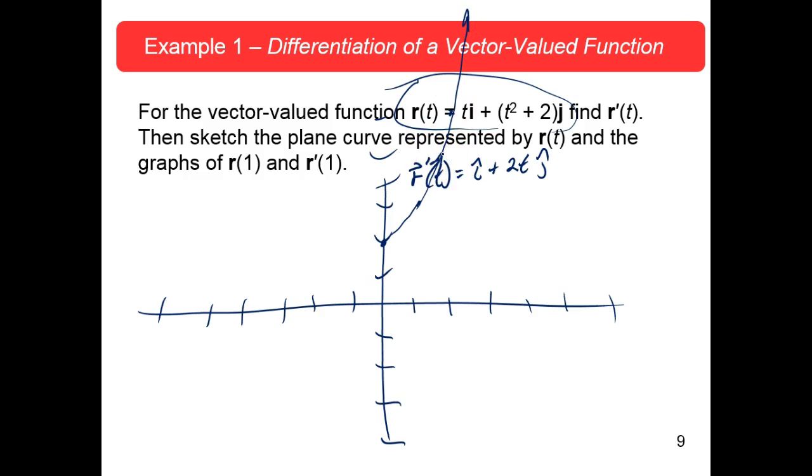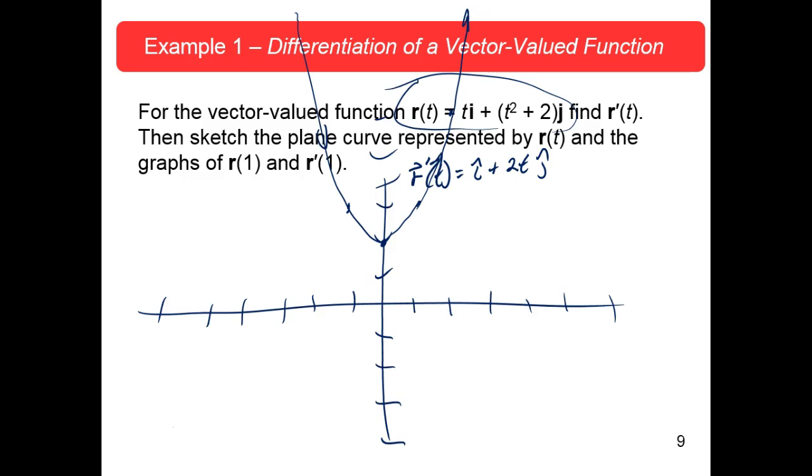Let's just see what happens if we go on the negative side. t equals negative 1 would be negative i plus 3j. Sure enough, it would be right here. So that's a parabola that goes like this, and it's going in that direction. So there is your plane curve represented by that r of t. That was pretty easy, right? A little messy, but not bad.